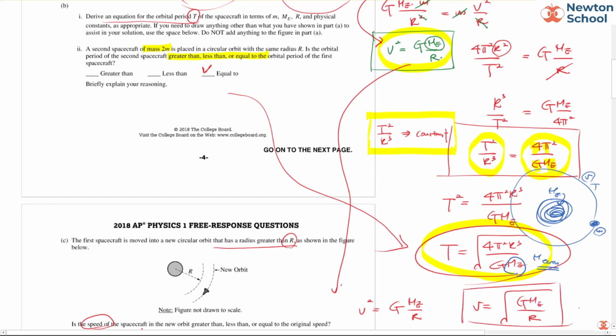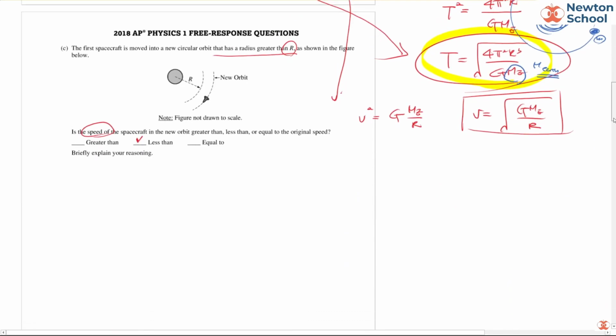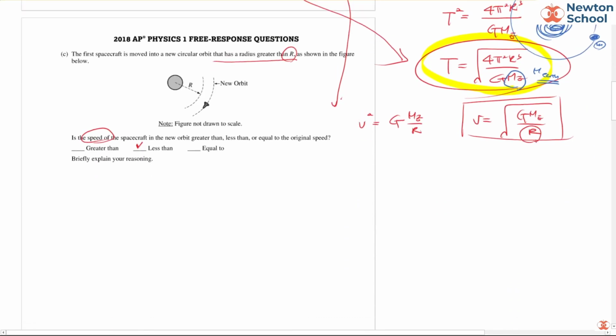It has nothing to do with the mass of the satellite, but it has to do with the orbital radius. So if r gets bigger, obviously the velocity gets smaller, so that's why it's less than.